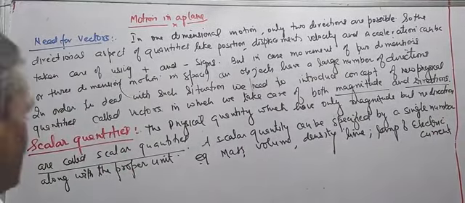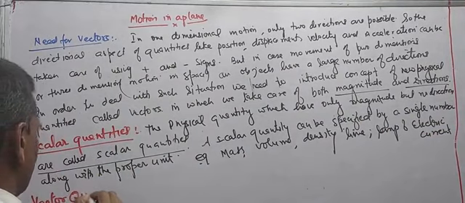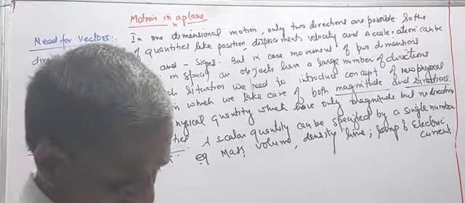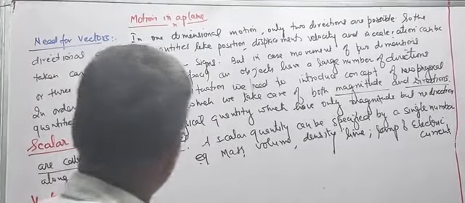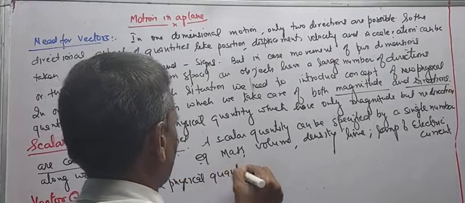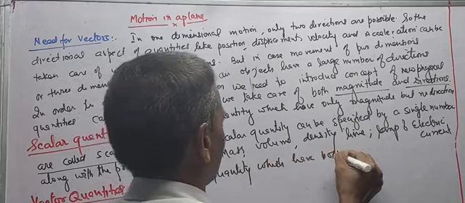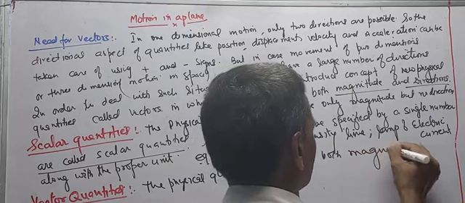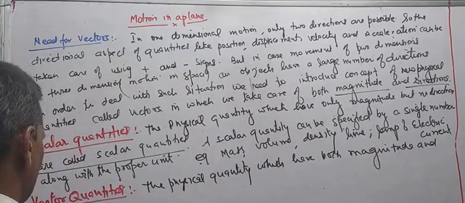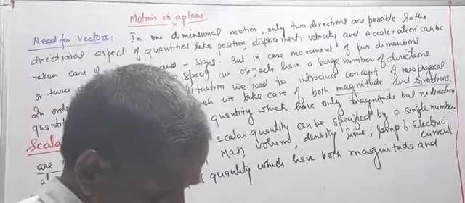Now my next heading is vector quantities. The physical quantities which have both magnitude and direction are called vector quantities.